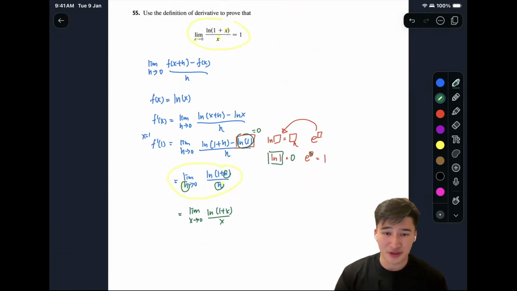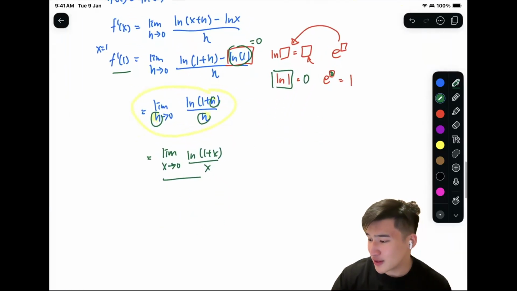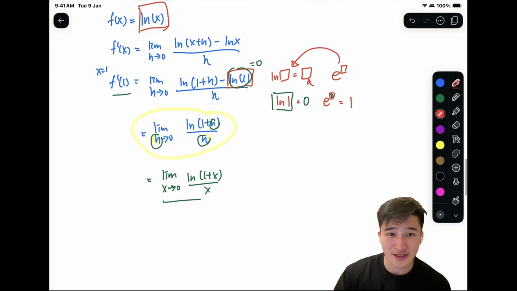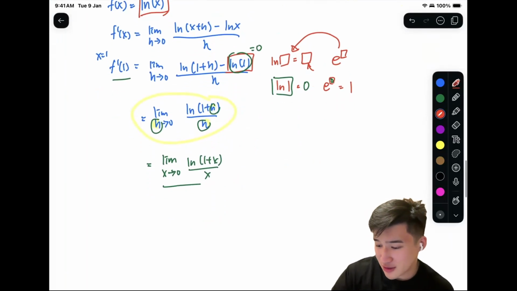And now you might be thinking, okay, so we proved that f prime of 1 is basically this one. How does that allow us to prove that it equals 1? Well, now we confirm that natural log x is our correct f(x), so we can just start differentiating.